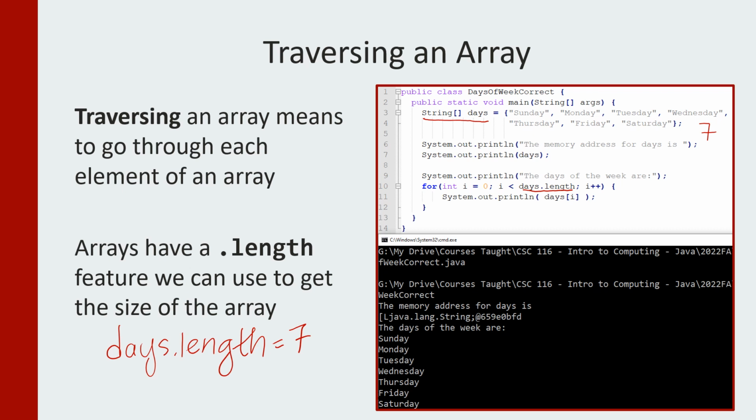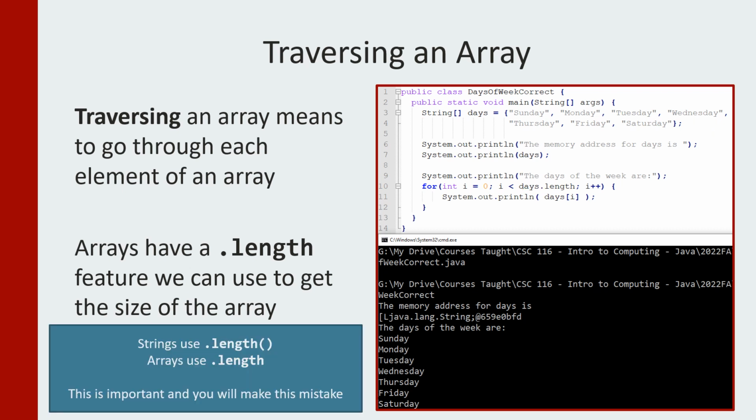So rather than printing out the memory address, which is what you would do if you just tried to print out the name of the array, if you do a loop, you will actually get the individual elements of that array, which is probably what you want. Another thing to remember is that strings use .length with parentheses, and arrays use .length with no parentheses.